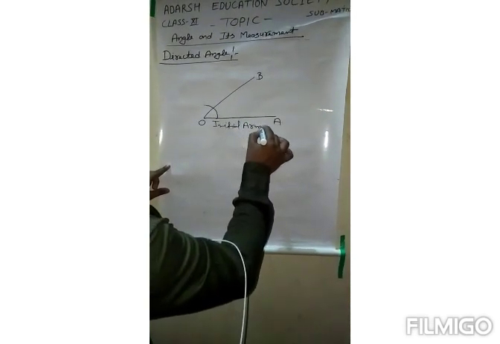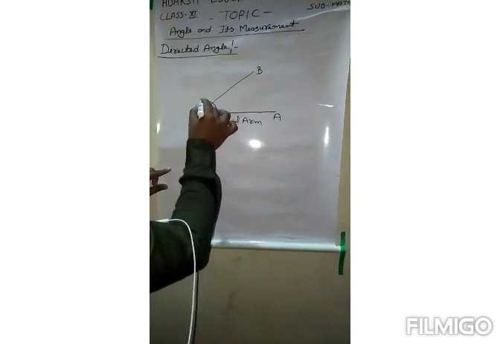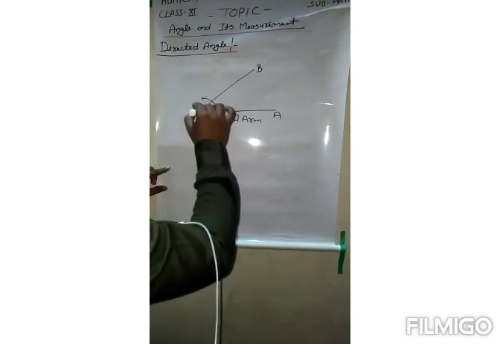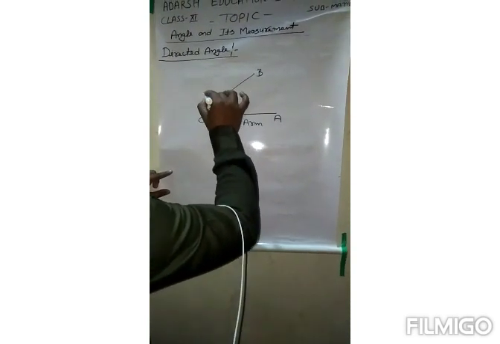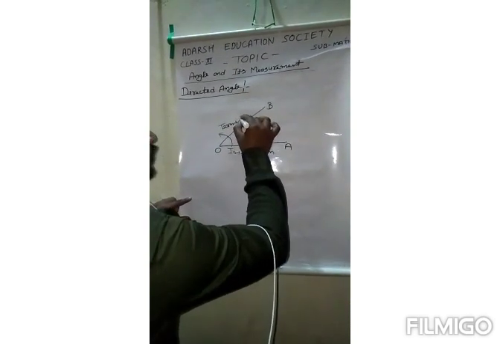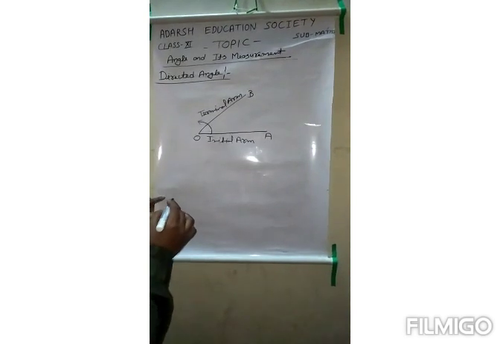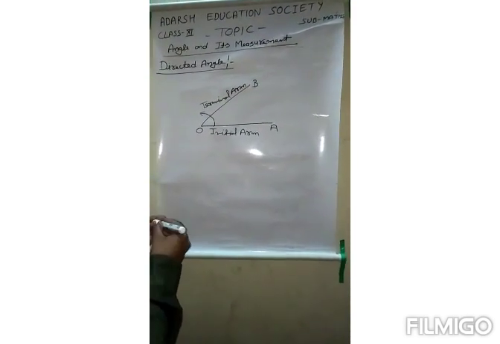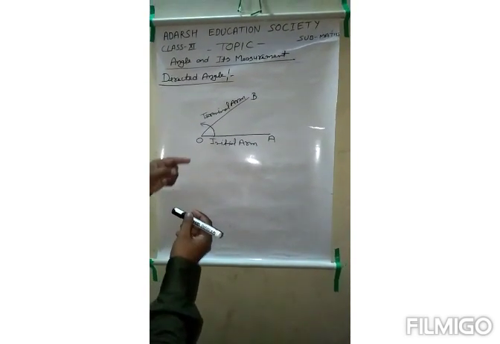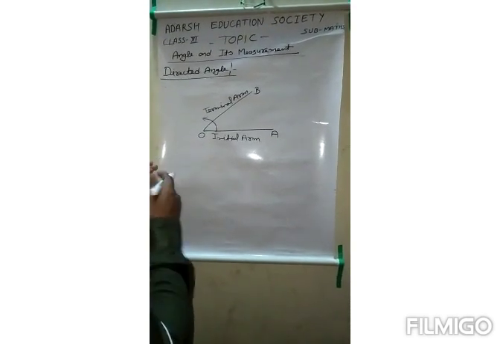Why is this called the initial arm? Because we have started the sense of rotation from this ray. And the ray OB is said to be the terminal or rotational arm. Why is this called the terminal or rotational arm? Because we end our sense of rotation at this arm.